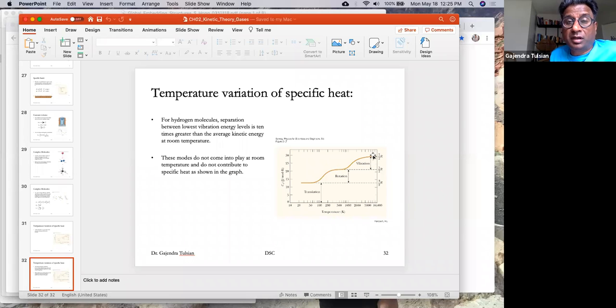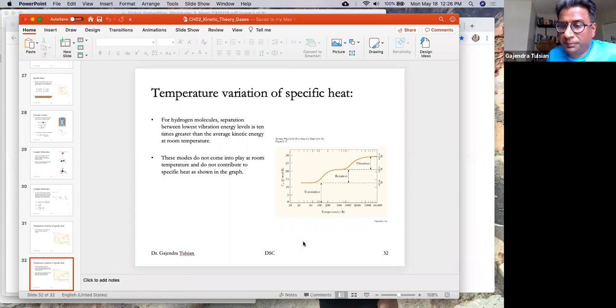So hydrogen molecules on Earth will not vibrate; they'll have rotational degrees of freedom. But for hydrogen molecules in the sun's atmosphere, the vibrational modes have been excited. The vibrational modes do not come into play at low temperatures, and they do not contribute to the specific heat. All right, that covers the topics.